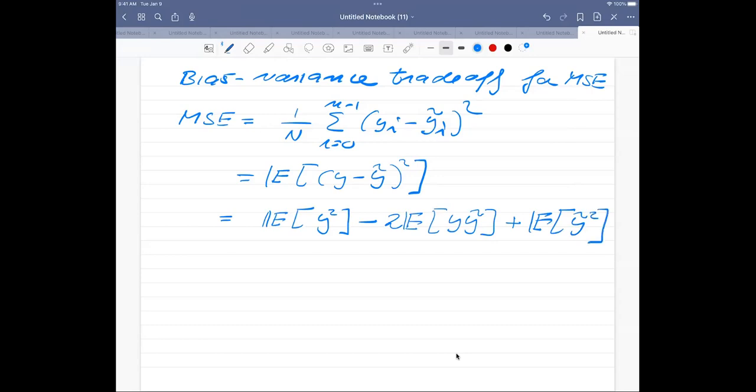I'm simply using the linearity postulate of the expectation value and writing it out. Now we are going to manipulate this expression and rewrite it in terms of the variance of the model, something which we will define as a bias, plus the variance which comes from the stochastic noise.